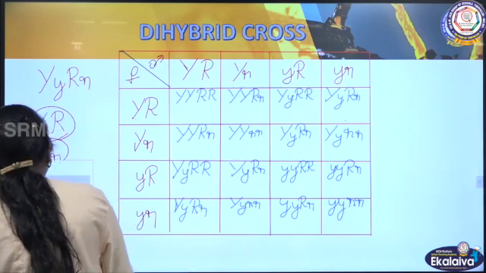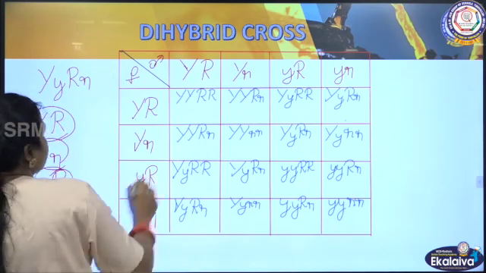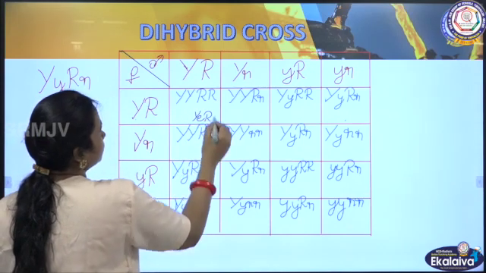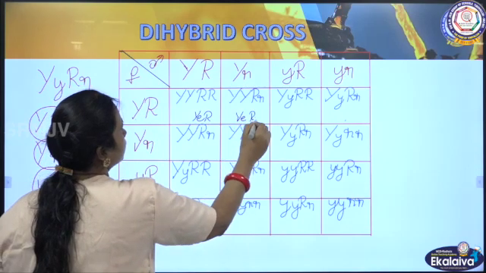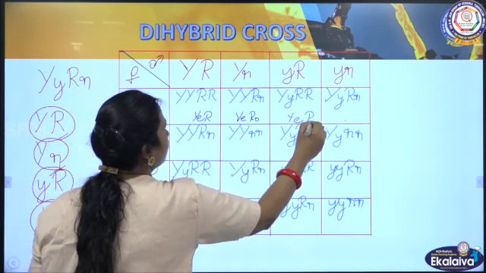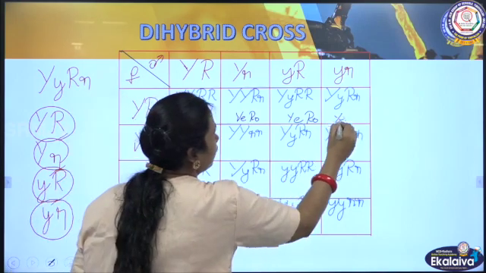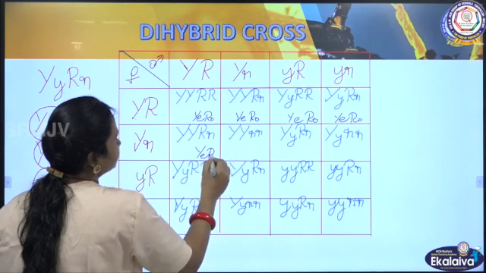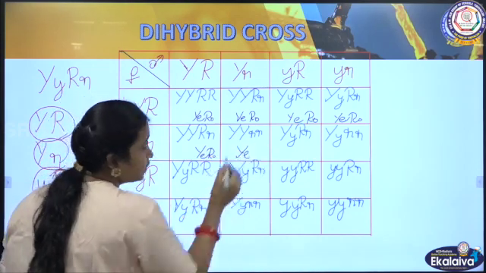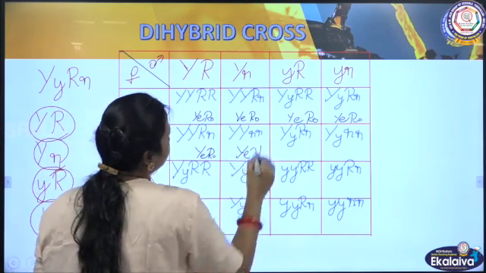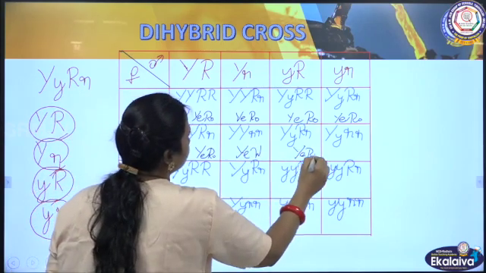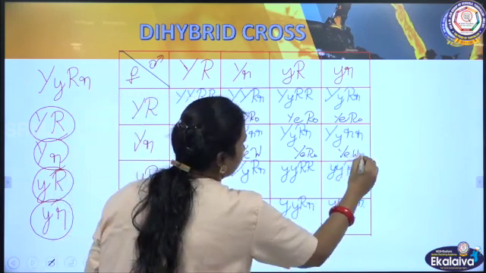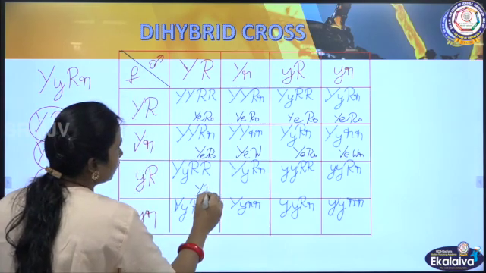Now we are going to represent their phenotypes. So this is, let me write YR alone, yellow round, because we have dominant character, yellow round. Again here yellow round. Yellow, two recessive character, so it is wrinkled here, yellow wrinkled.